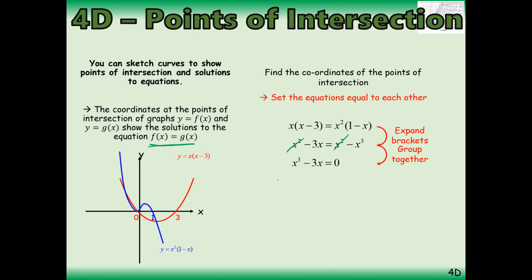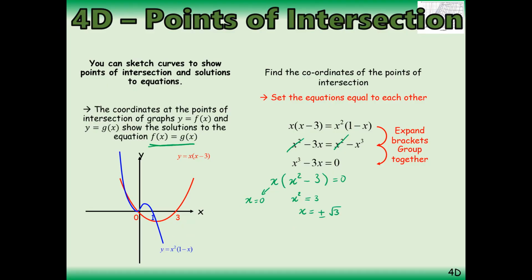So now if we can factorize this expression here, there is a common factor of x. We write x with x squared minus 3 inside the bracket. This is telling us that one of the solutions is x equals 0. The other solution is where x squared is 3, therefore x could be plus or minus root 3. Right?